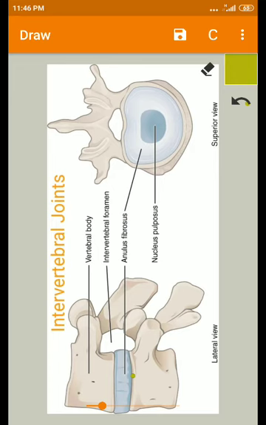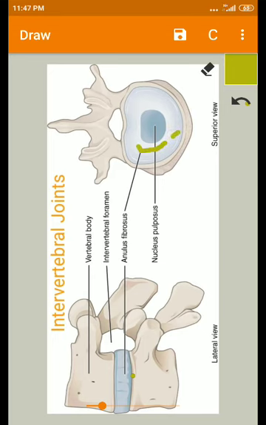That means the shape of the disc varies from cervical to lumbar. In the thoracic region, the body is somewhat heart shaped, so the disc is also the same.